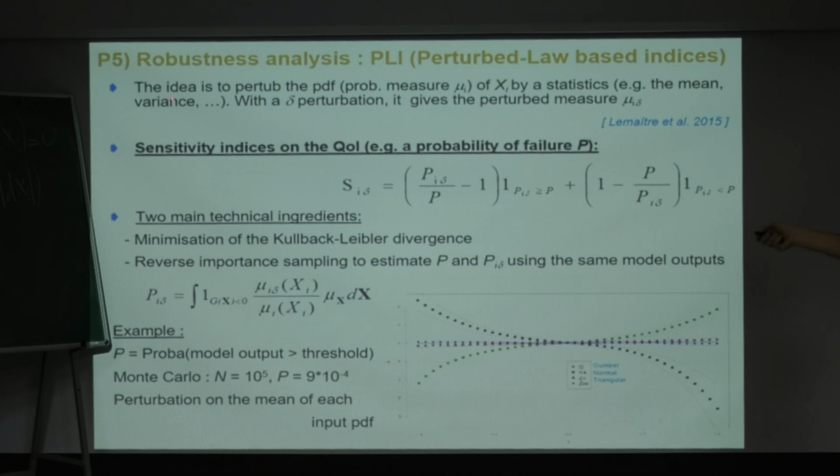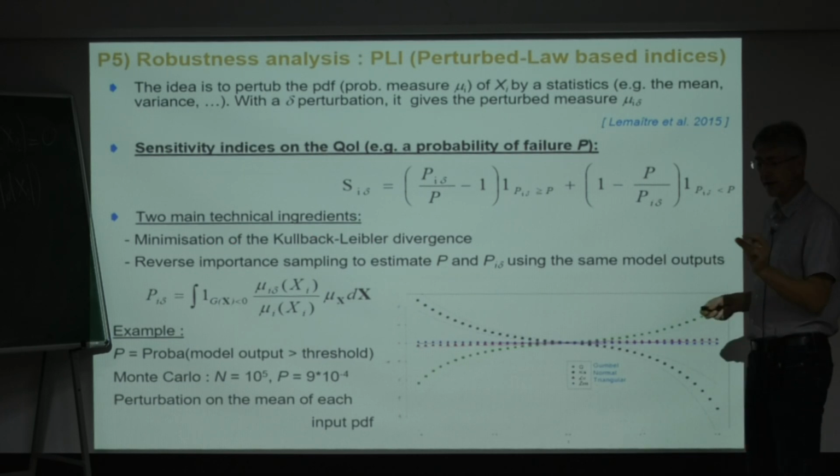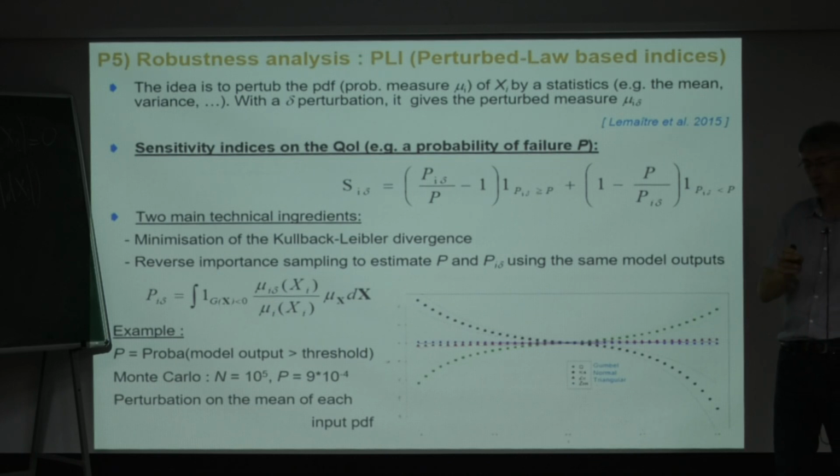The idea is to perturb the PDF by a statistic, with certain perturbations. So how do we perturb it? The main technical ingredient is that we perturb the PDF following the Kullback-Leibler divergence. We define a certain delta, and we want to perturb, for example, the mean of a Gaussian.